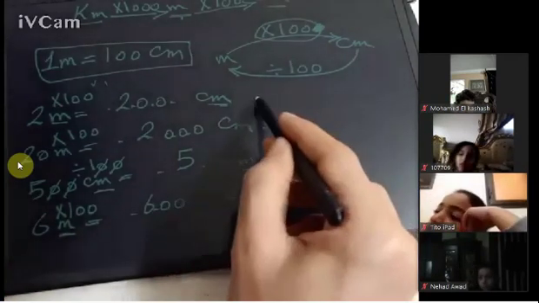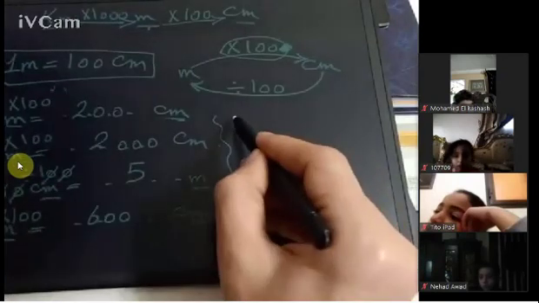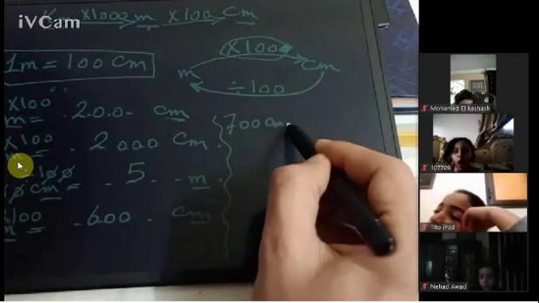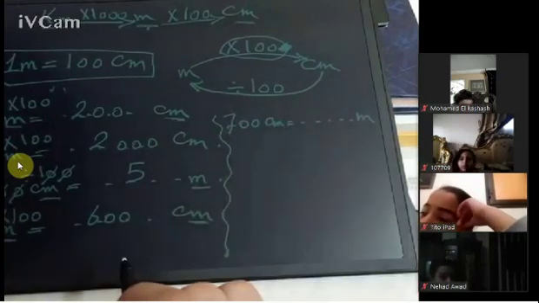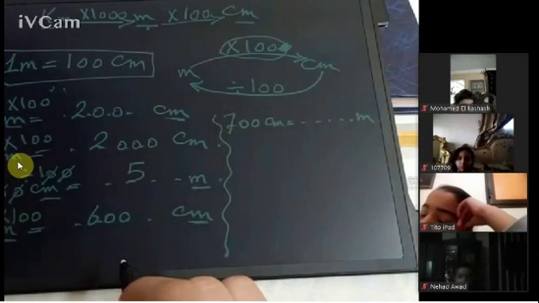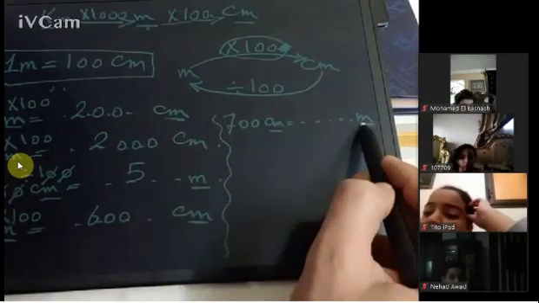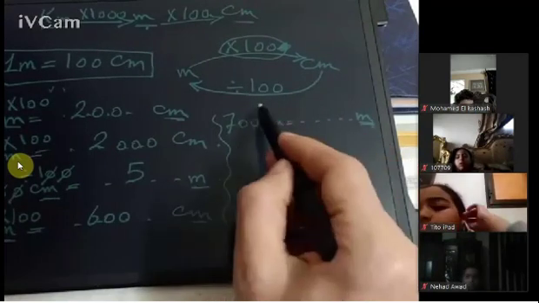The opposite. If we have 700 centimeter equals how many meter? I said concentrate. Are you moving from small to big or big to small? Centimeter to meter, it's from small to big. That means divide.